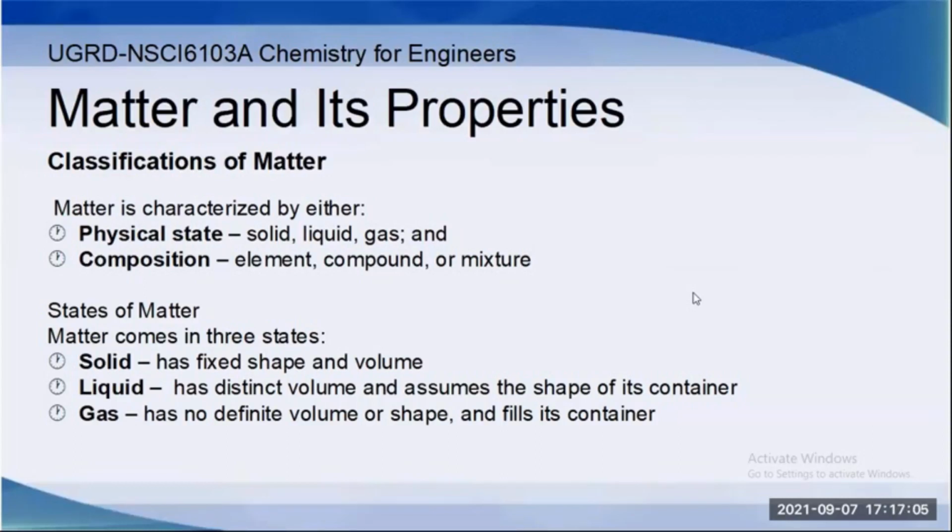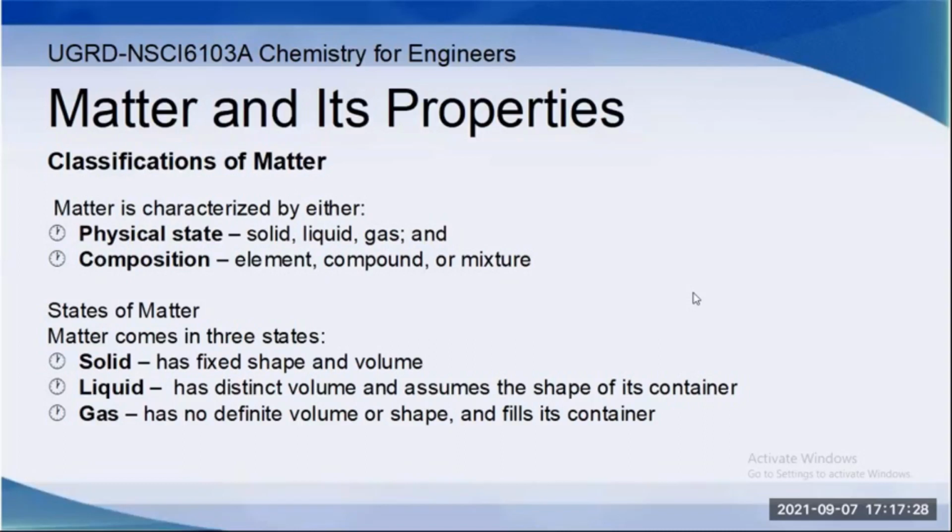So the very classic definition: solid, fixed shape, fixed volume; liquid, no fixed shape, definite volume. Wait, let's change the definition. Solid, definite shape, definite volume. Liquid, no definite shape, definite volume.